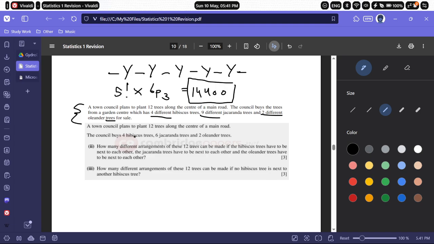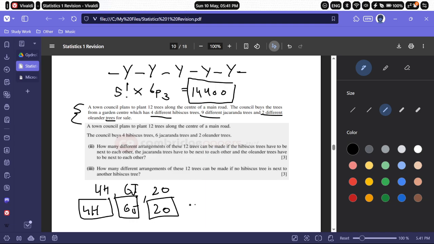Now you can just make use of factorial and you can start calculating, but I personally prefer using some rough diagrams, so I will be doing that. So you have 4H, I just like labeling it like this, 6J, 2 O's, right? So if you were to think about it, you would have 4H in one box, then you would have 6J in one box, and 2 O's in one box. So first of all, think about how you would arrange those letters inside the box before thinking about how you would arrange those boxes itself.